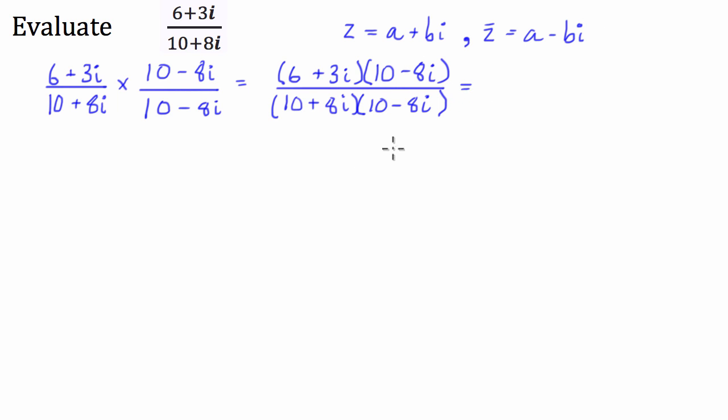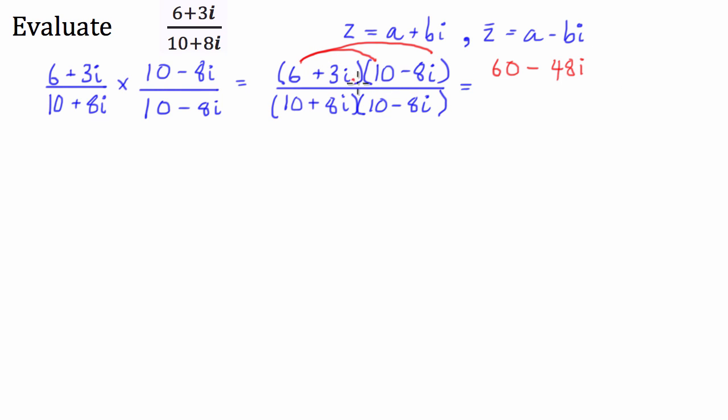So where do we go from here? Well, exactly how we would multiply out a quadratic or a binomial expansion. Some people like to call it the FOIL method. So I'm going to go 6 times 10, and that's equal to 60. First outside, we have 6 times negative 8i, which is going to be minus 48i.